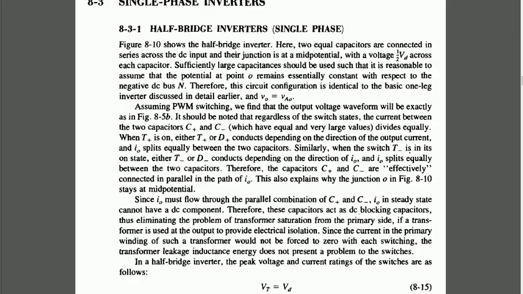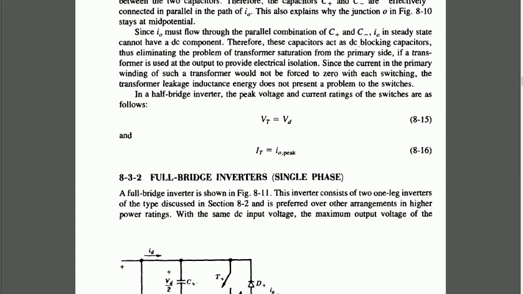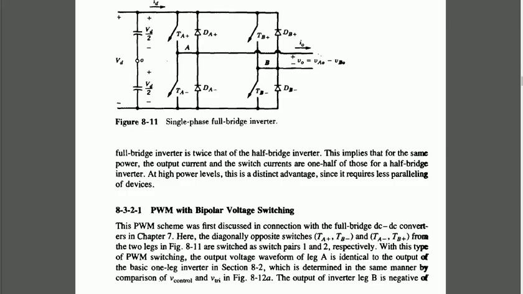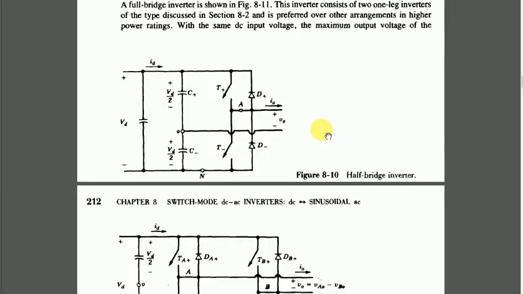So based on these concepts, now let us extend the discussion to the single phase inverter circuits. In the case of the half bridge inverter circuit, as we'll see in its figure, this is basically the same circuit that we have already discussed, which is the one leg of switch mode inverter circuit.